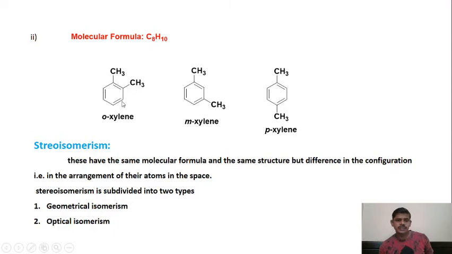So 1, 2, 3, 4, 5, 6, this 7 and this 8, so 8 carbons are there. Then hydrogens: 3 plus 3 is 6, 7, 8, 9 and 10, so 10 hydrogens and 8 carbons are there, but the position of the CH3 group differs.